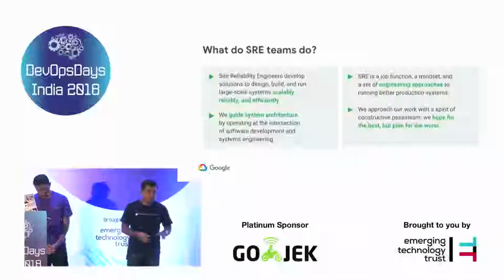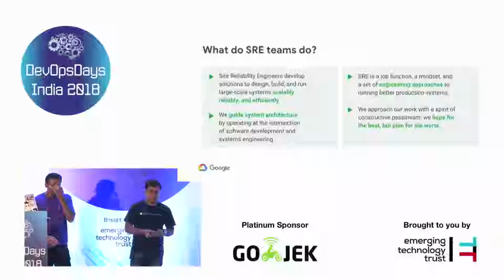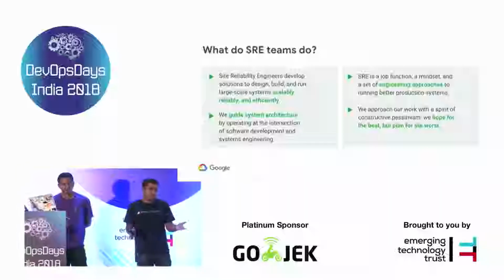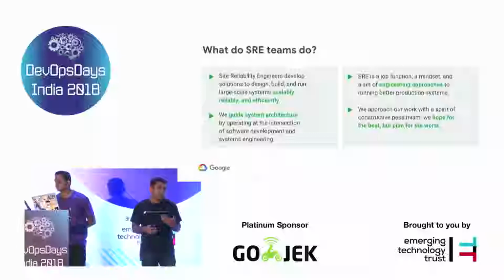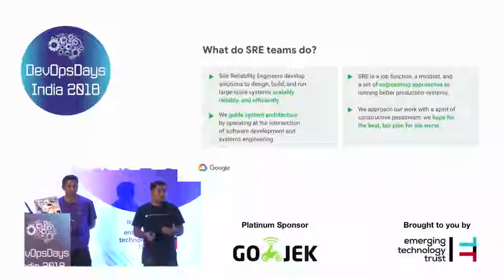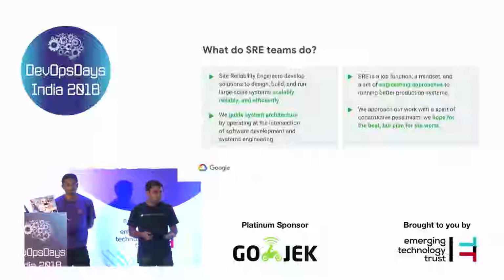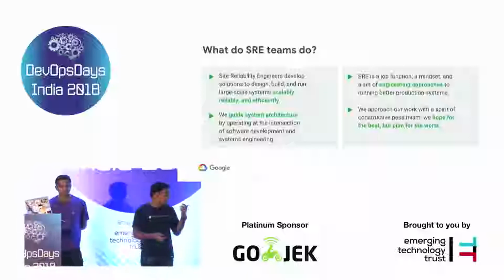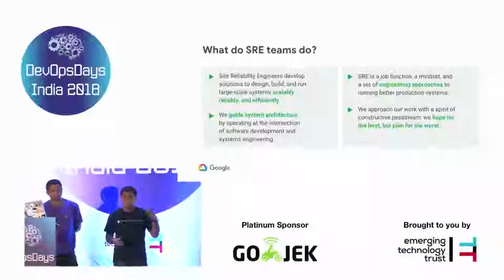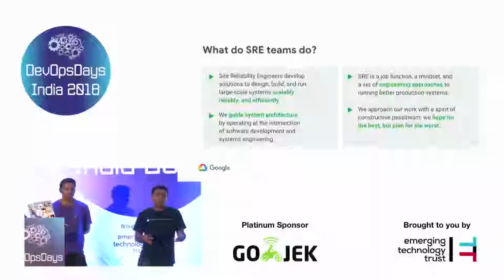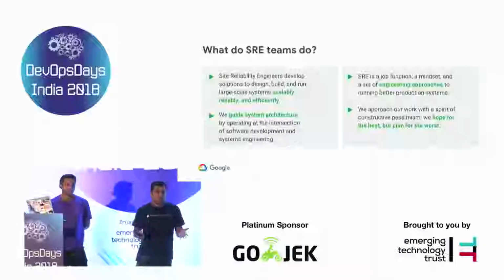So if I have to summarize what the SRE teams do at Google: as I said, they treat any problem as a classic software engineering problem. So we write software, we build solutions, and make sure that the overall systems run scalably, reliably, and efficiently. And of course, data is one of the primary guiding factors in doing all of these things.